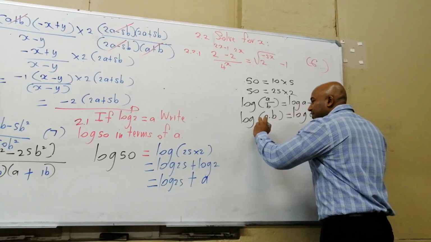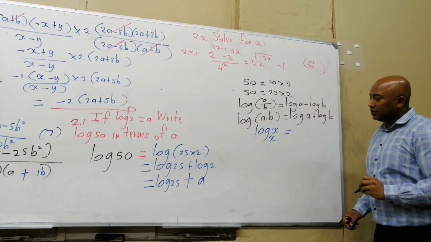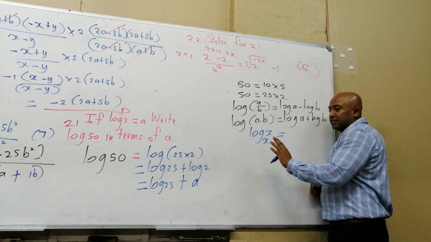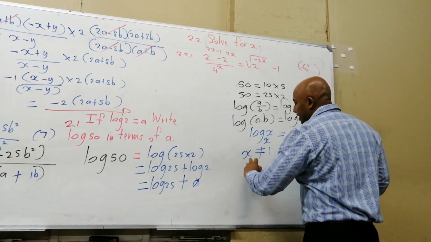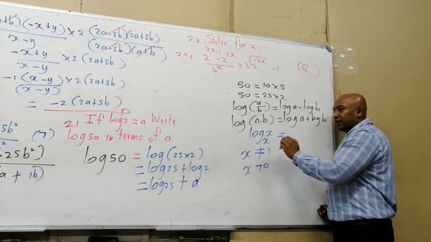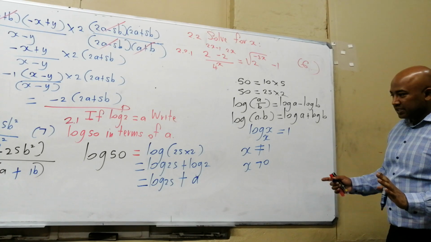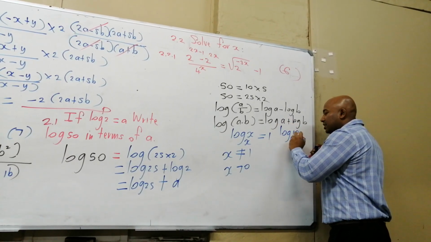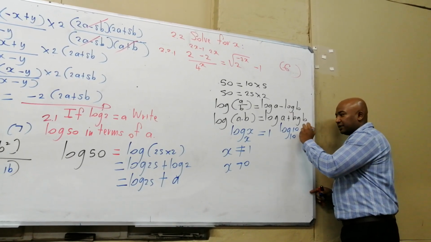We know that log x to the base x is equal to 1, as long as x does not equal 1 and x is greater than 0. Why am I showing you this here? Because if I have log of 10 to the base 10, what is it? It is equal to 1.